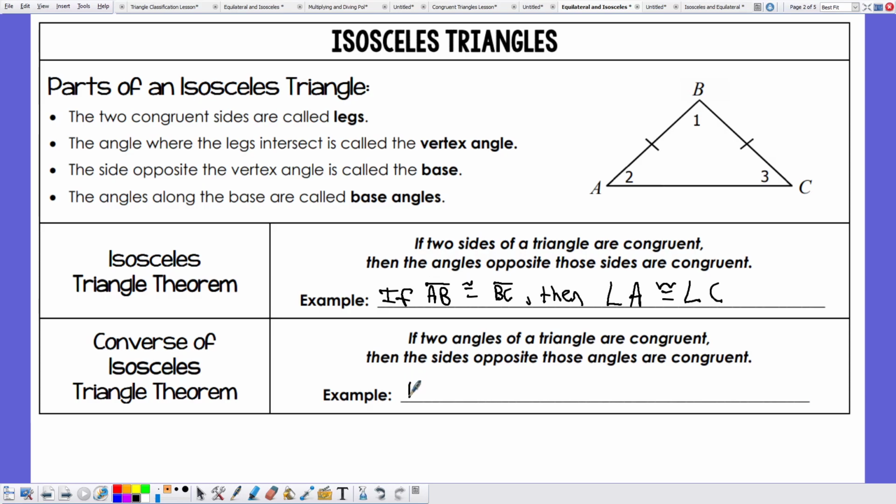If angle A is congruent to angle C, then AB is congruent to BC. So the basic gist of it is that in an isosceles triangle, two equal sides imply two equal angles, or that two equal angles imply two equal sides.